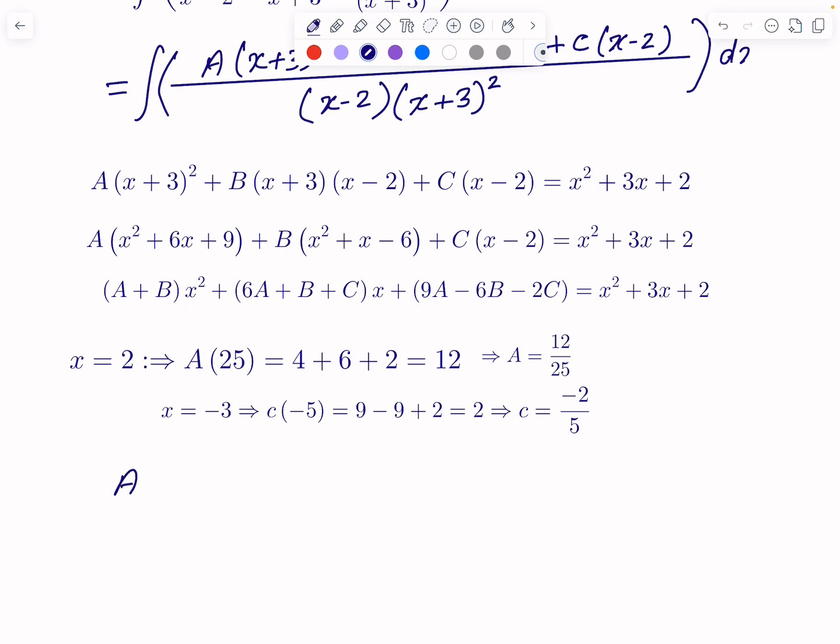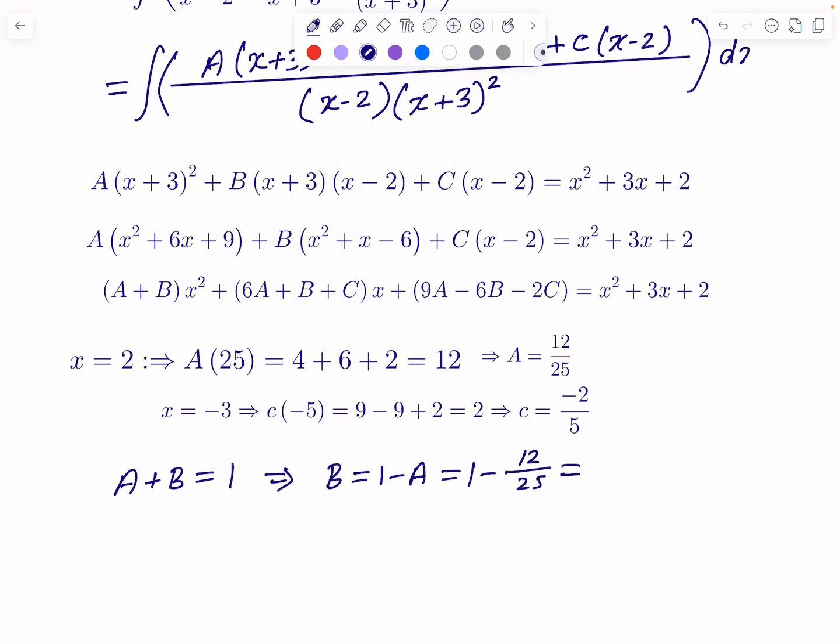And now from this one, which is related to this, we should be able to find the value of b. So we're going to say a plus b equals, this is the coefficient of x squared, and we have to equate it to the coefficient of x squared on the right hand side, which is 1.